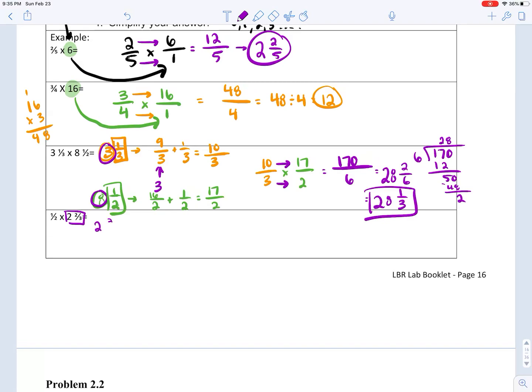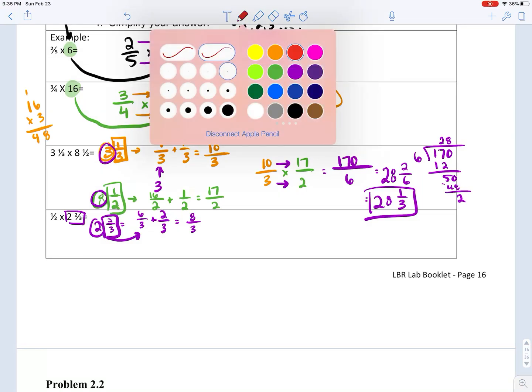So let's change 2 2/3 into an improper fraction. 2 wholes with a denominator of 3: 3 times 2 is 6, so 6/3. And then I have to add that last 2/3, that's where this comes from. So I have a total of 8/3.